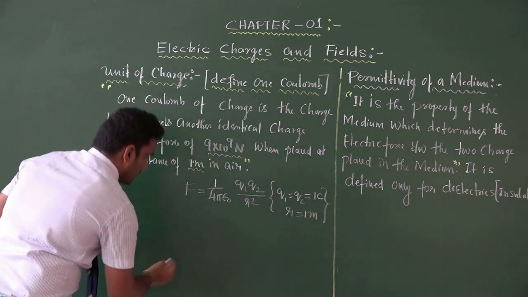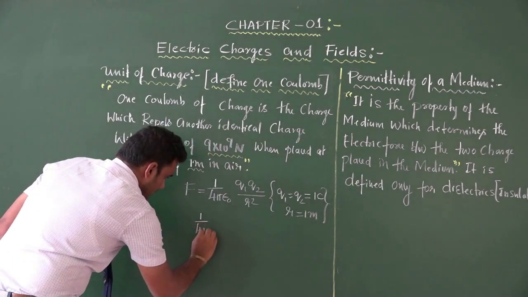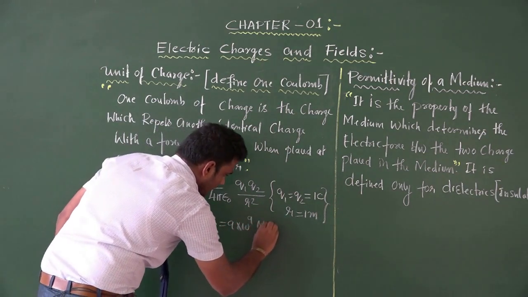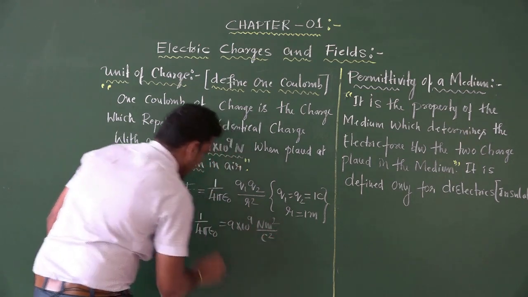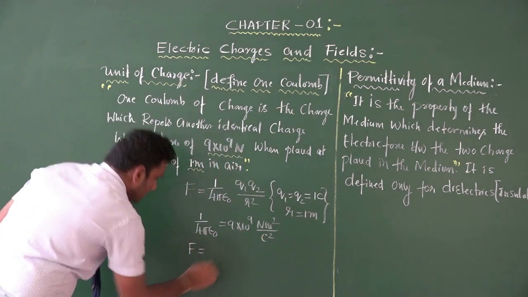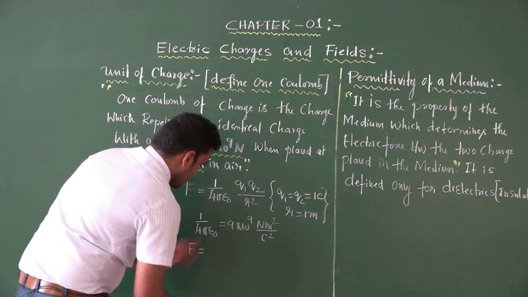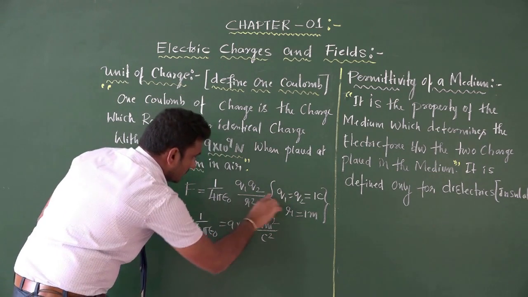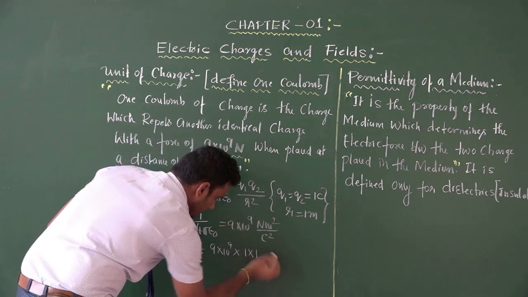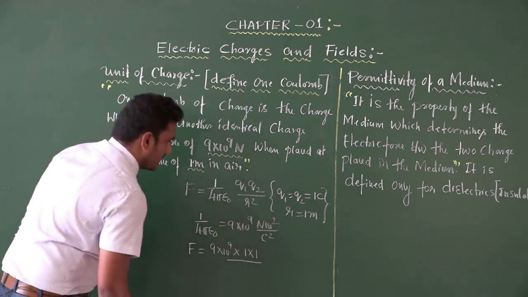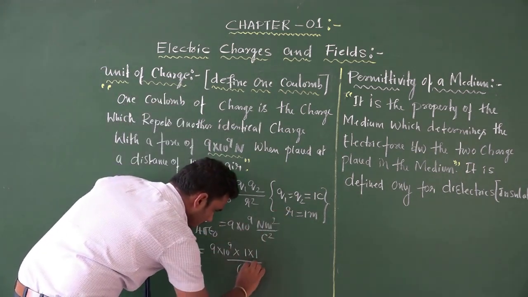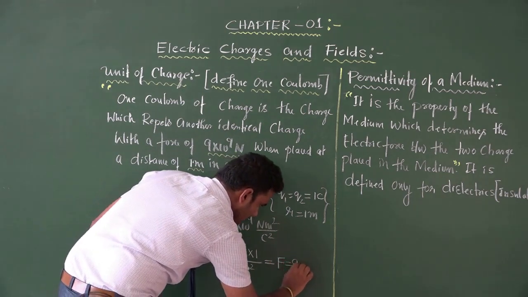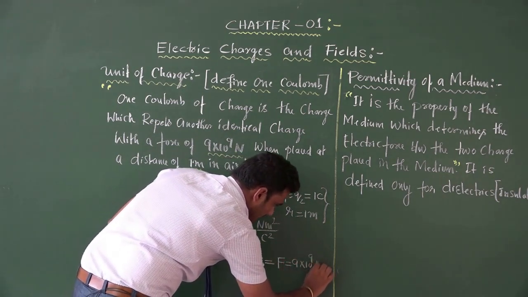We know the value of 1 over 4 pi epsilon naught, that is 9 into 10 power 9 Newton meter square per coulomb square. If you substitute into this equation, 1 over 4 pi epsilon naught is 9 into 10 power 9, into Q1 and Q2 both taken as 1 coulomb, 1 into 1, divided by R taken as 1 meter, squared, then finally you will get F is equal to 9 into 10 power 9 Newton.